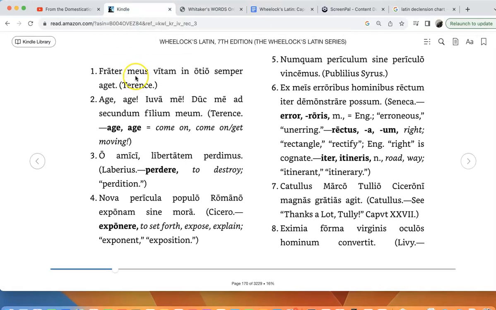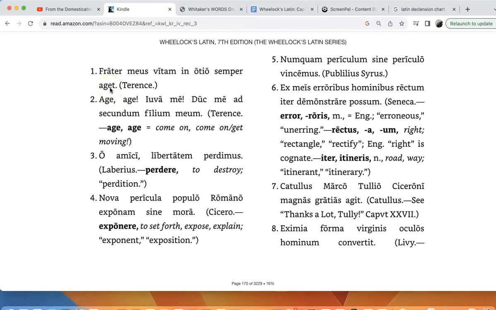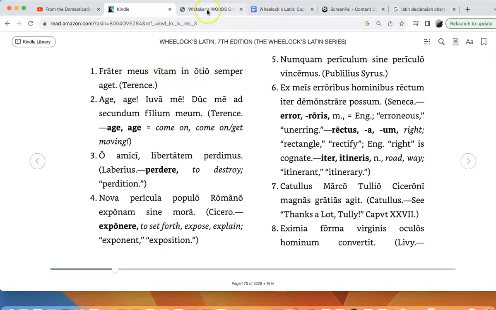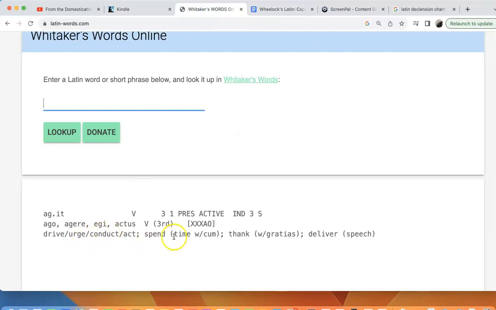So my brother will always live a life in leisure. Or if we look at it, will always spend a life with leisure. This one loses a little bit in translation.